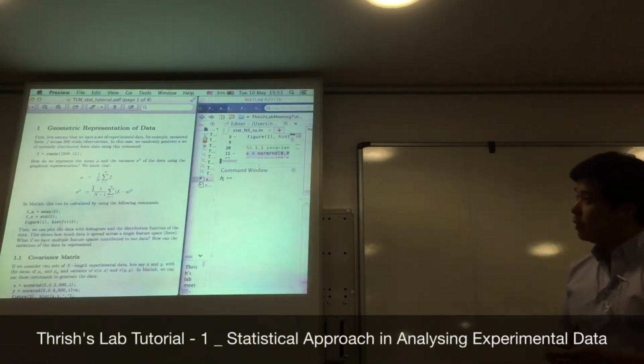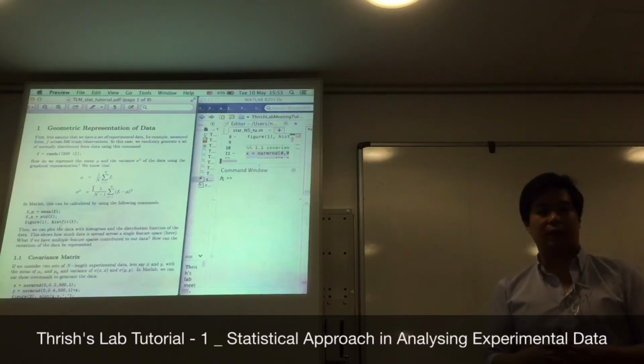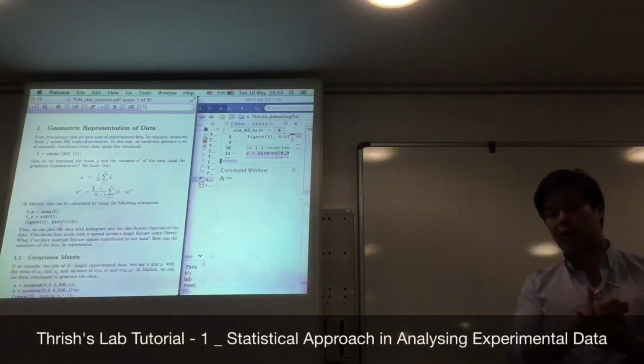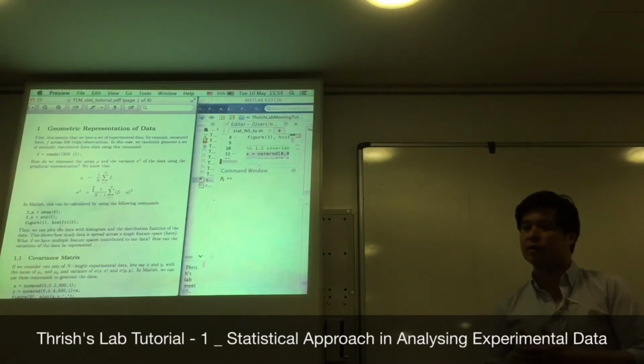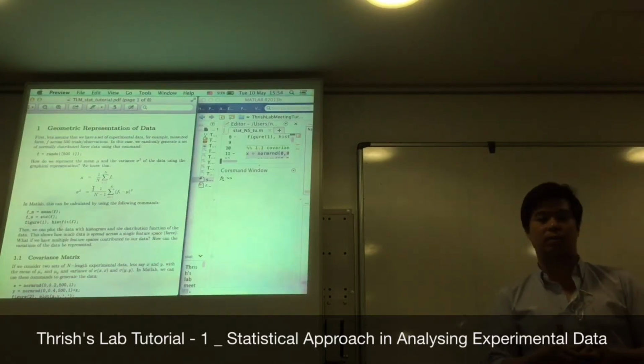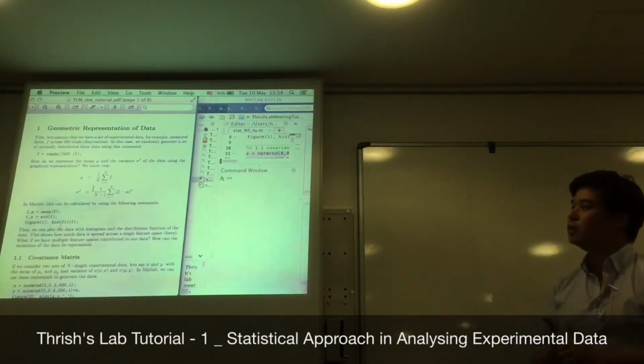So let's begin with the geometric representation of data. Let's say we have a set of experiments, for example we are recording force data from 500 trials, and we want to see the distribution of these data.